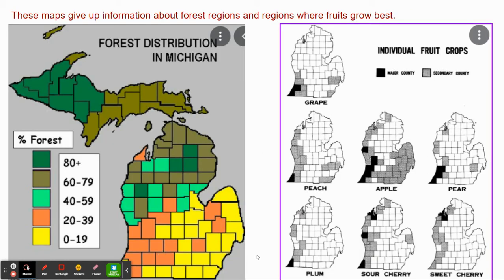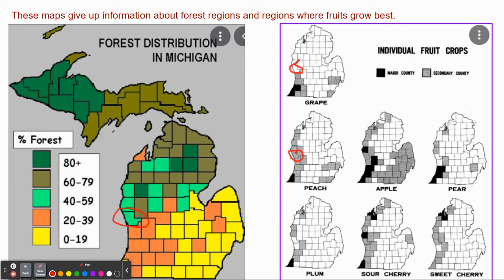And then these maps give information about forest regions and regions where fruits grow best. And you can see if you can find Muskegon County, where we are, kind of on the side, you can see what kind of forest we might have or what kind of fruits we might grow.